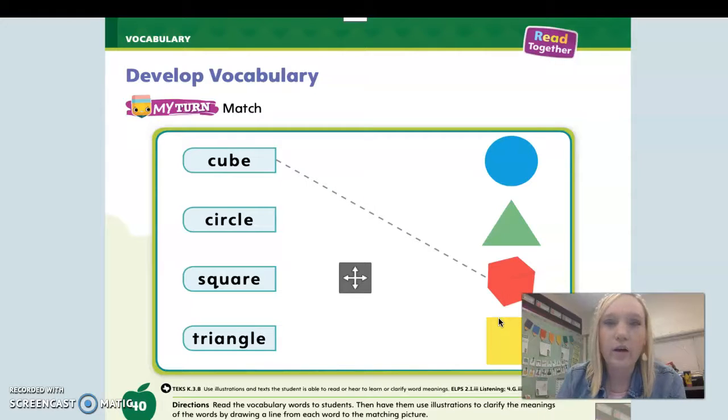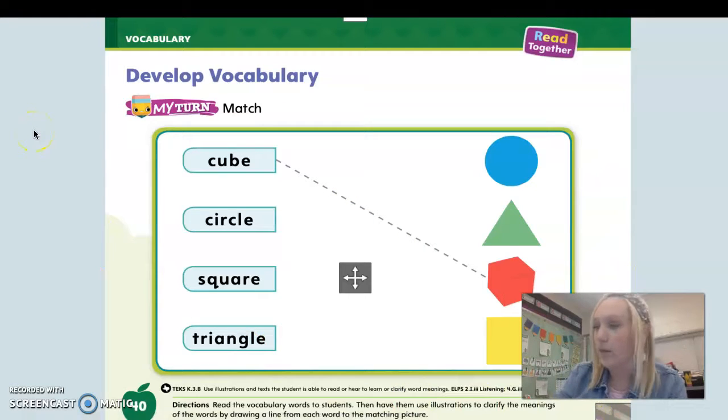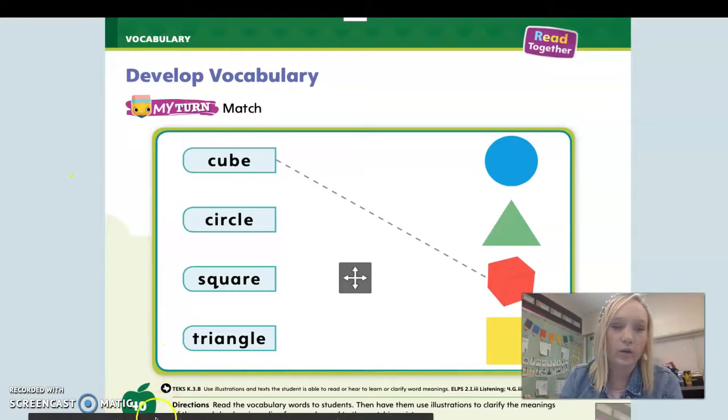All right, now that you have your words written down inside of your journal, you are going to complete this page inside of your MyView literacy book. This is on page 40, so it has the apple at the bottom and it has a 4 and a 0, so that's the number 40.